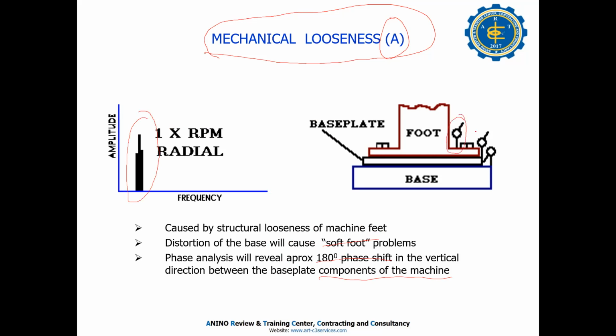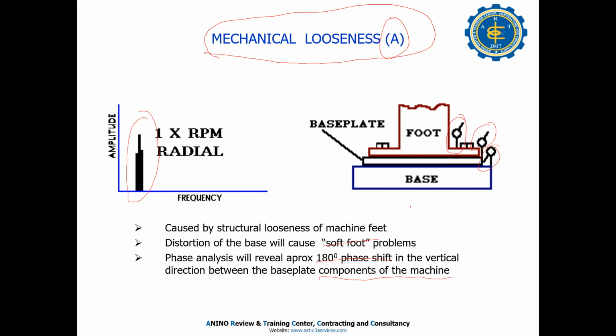You know this one, this dial indicator. Sometimes they put an auxiliary dial if there is a movement. Then when you do phase analysis, yes, we can also use the phase.